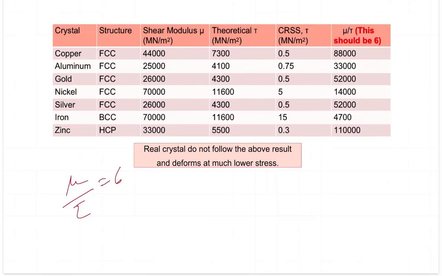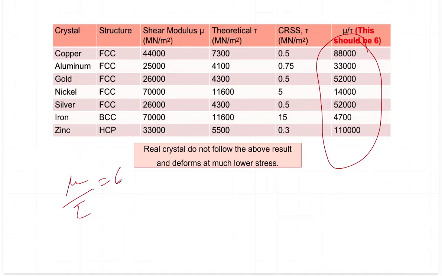But when we calculate the CRSS of real crystals, this value is very, very low. It means the shear stress required to initiate slip is far, far less than the theoretically predicted model.